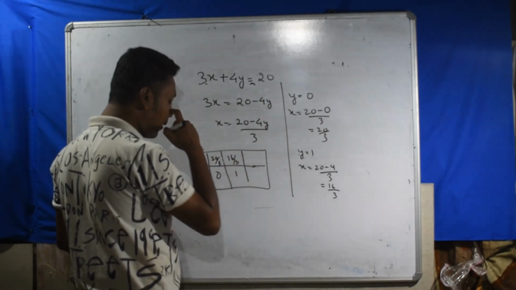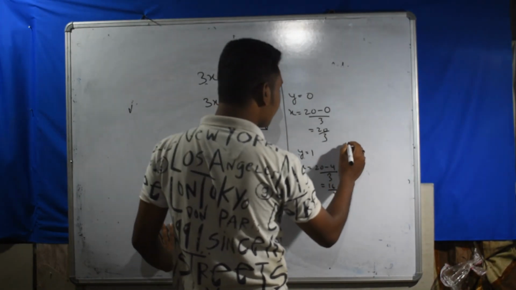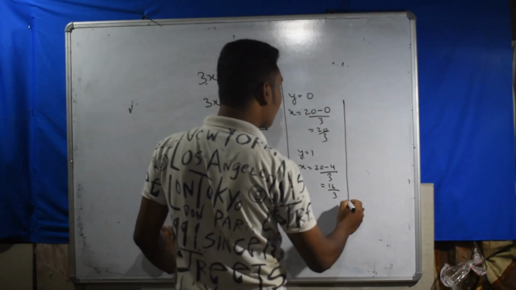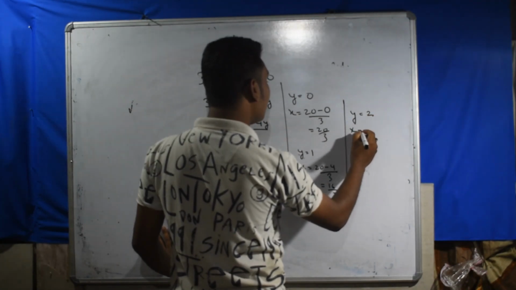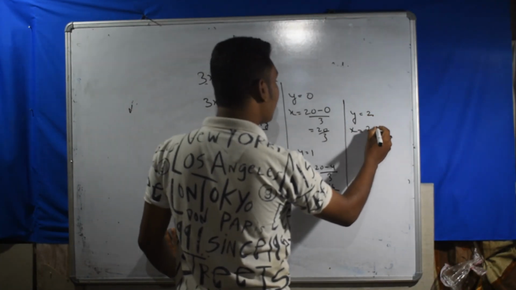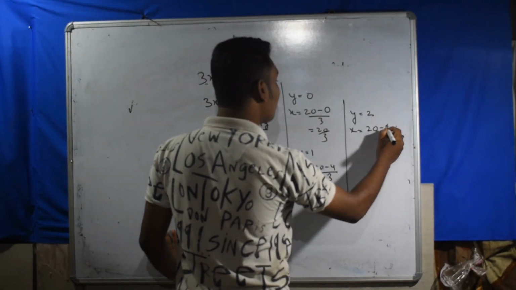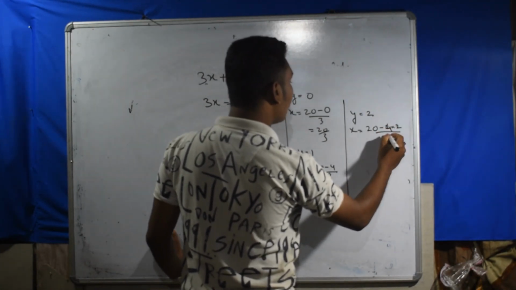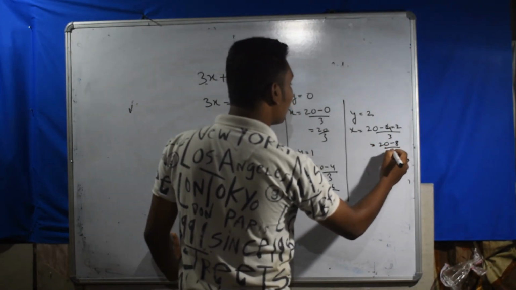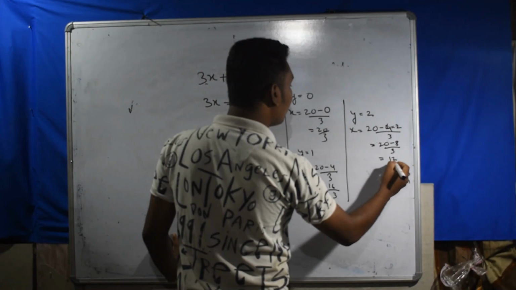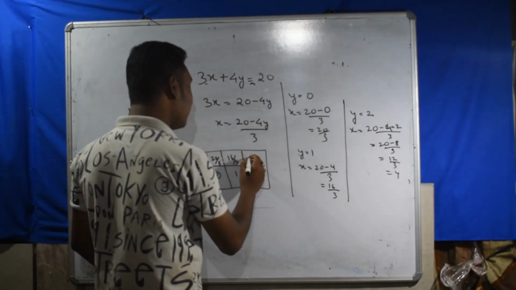If I consider y to be 2, x equals 20 minus 4 into 2 by 3, 20 minus 8 by 3 is equal to 12 upon 3 is equal to 4. For y equals 2, it is 4.